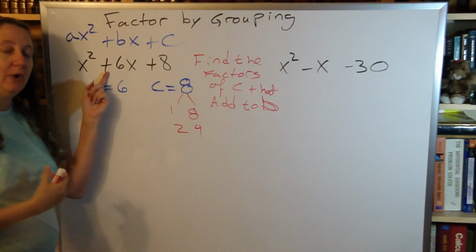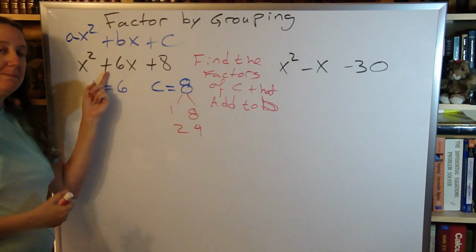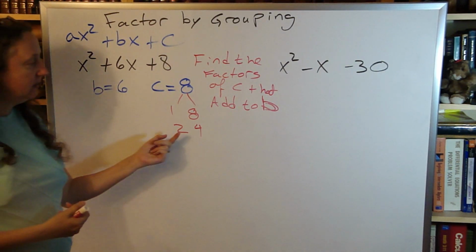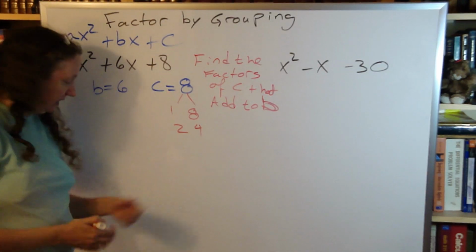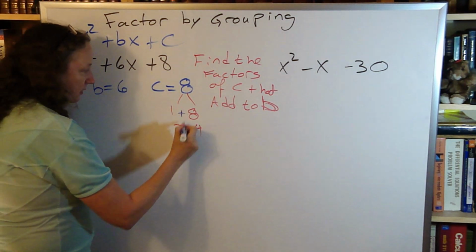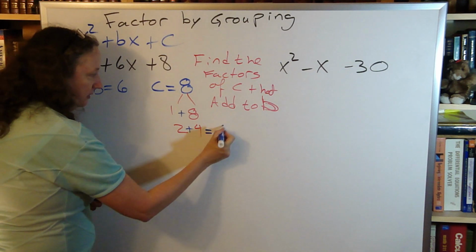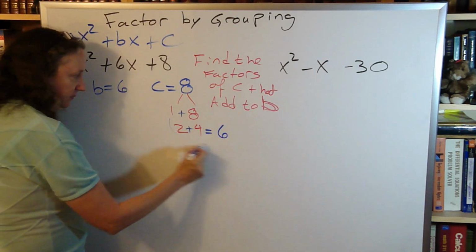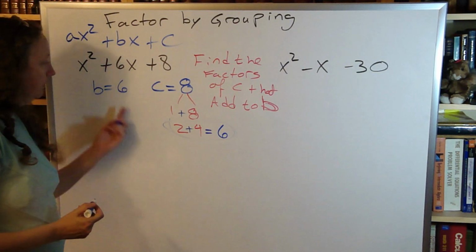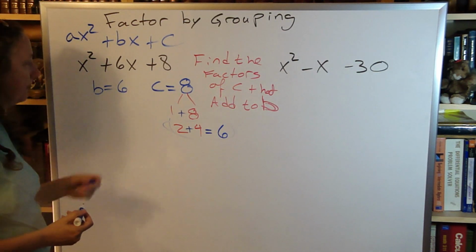I want them to add up to equal a positive 6. So since I want it to be positive, I'm going to use positives here. So I am adding these. I see that I want to use 2 and 4 because that adds to 6.